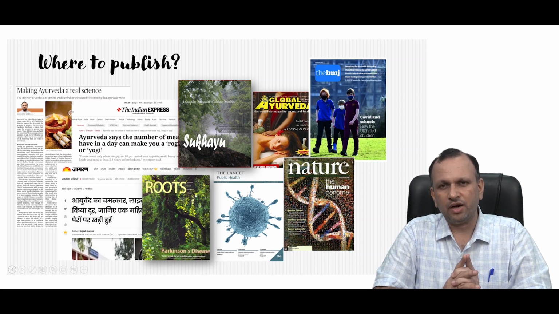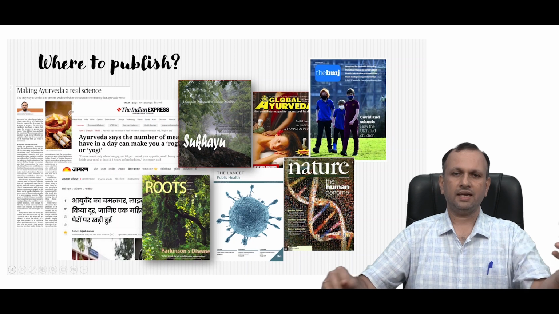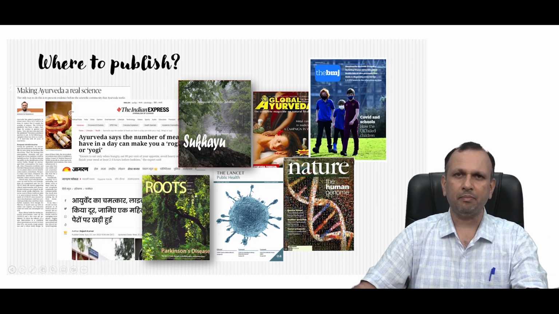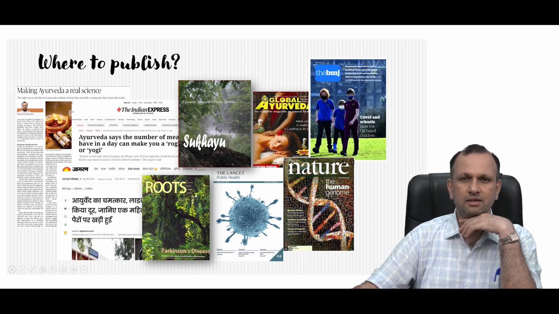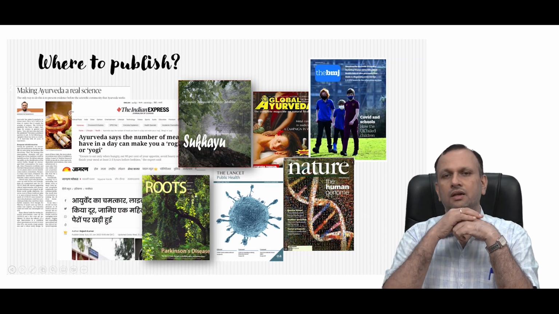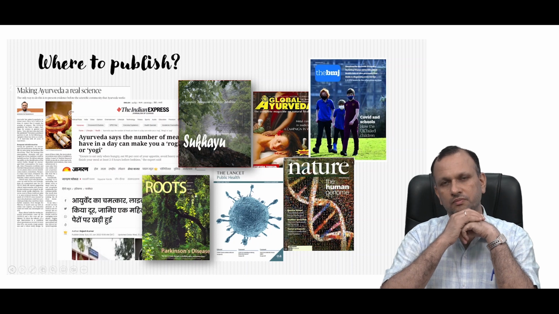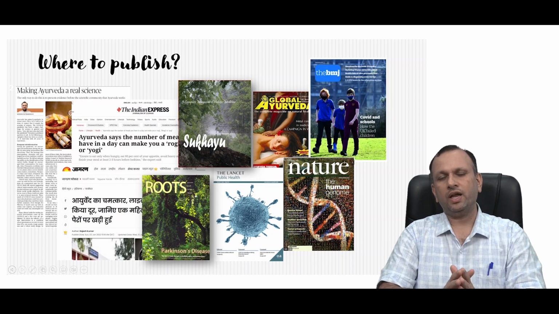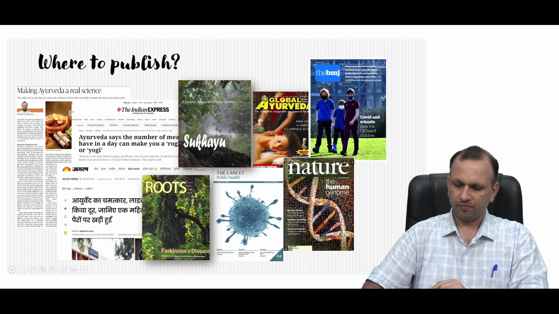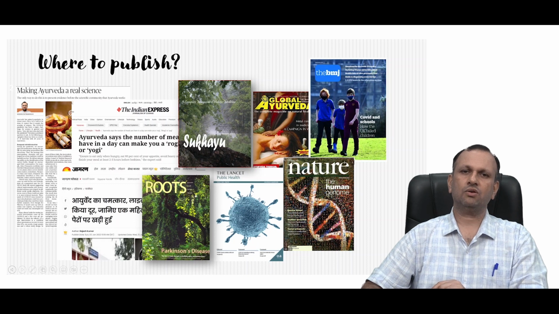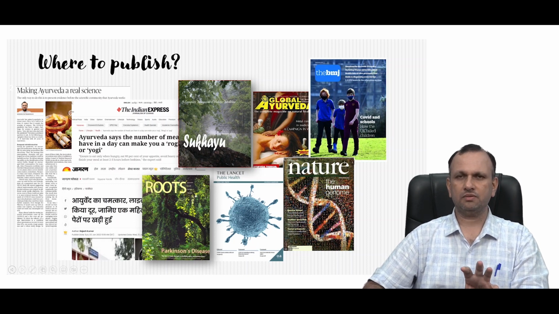There are certain platforms that aim at the lay public, whereas other publishing platforms target the academicians and researchers. So one should be able to understand the difference between these two types of periodicals or magazines and so on, right? So this is the question: where to publish?